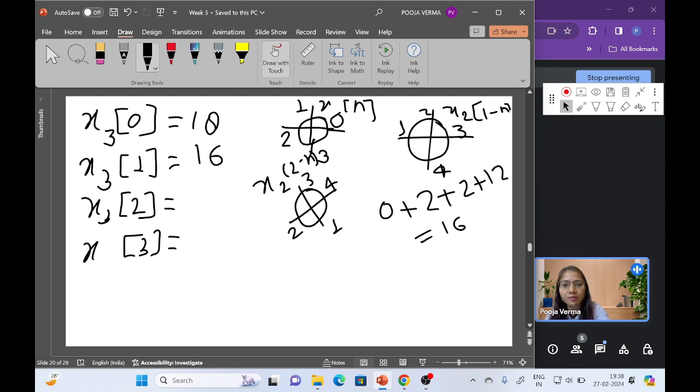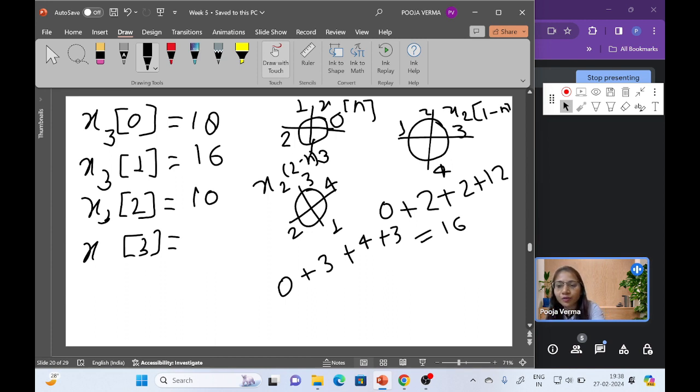Now multiply with x1 of n. So 4 into 0, 0, plus 1 into 3, 3, plus 2 into 2, 4, plus 3 into 1, 3. So what will we get? 3 plus 3, 6, plus 4, 10.